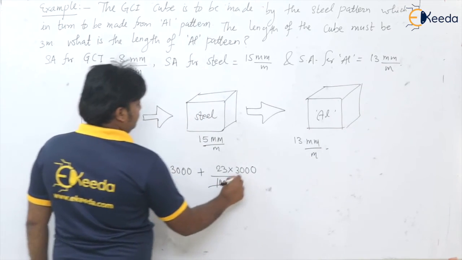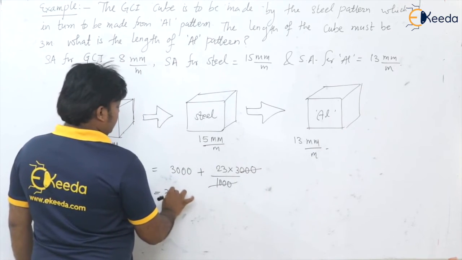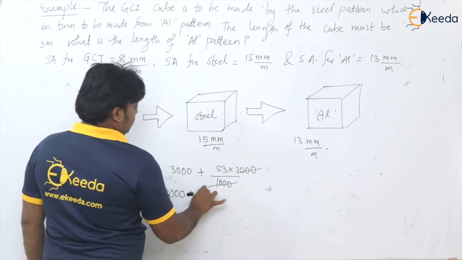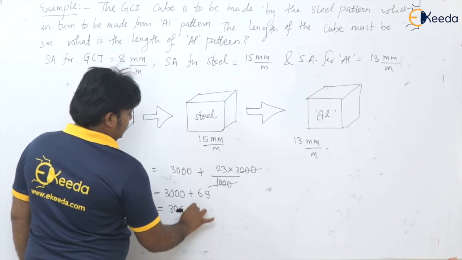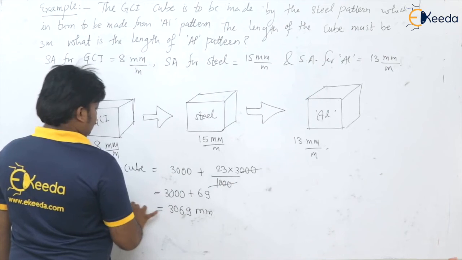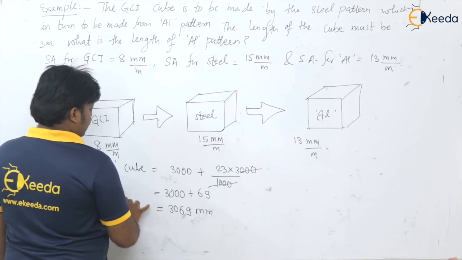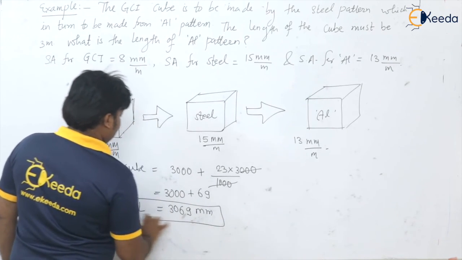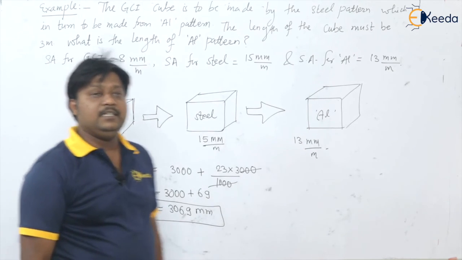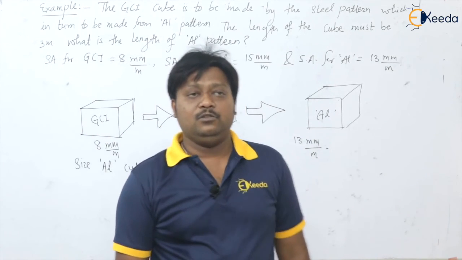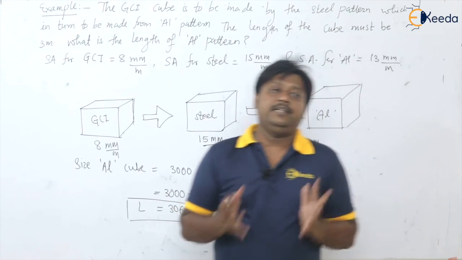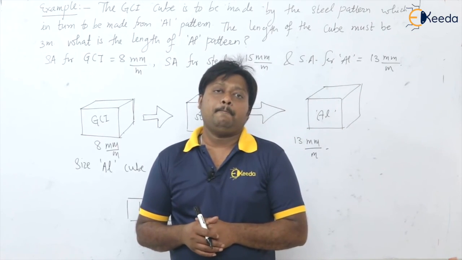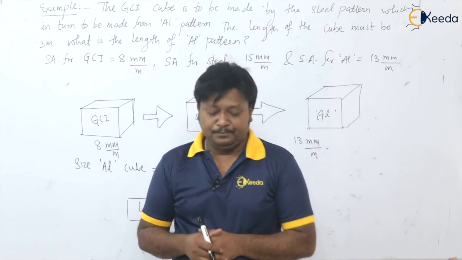So how much is it? 3000 plus 69, that is 3069 millimeters. So the length of the aluminum cube will be equal to 3069 millimeters. Understood? So this is how we can calculate the dimensions of the master pattern. Thank you.